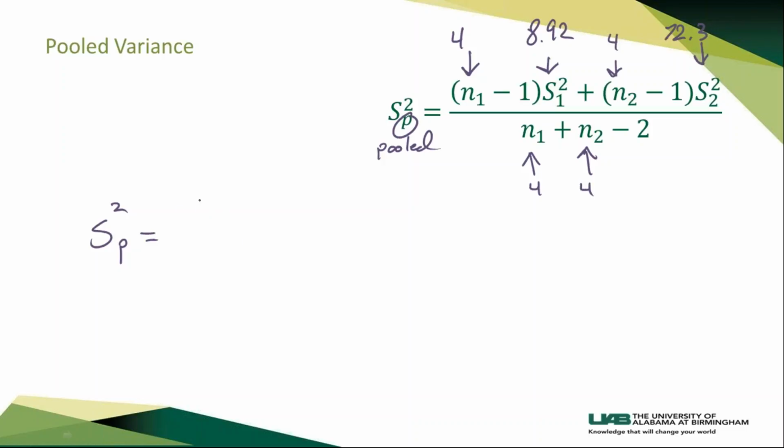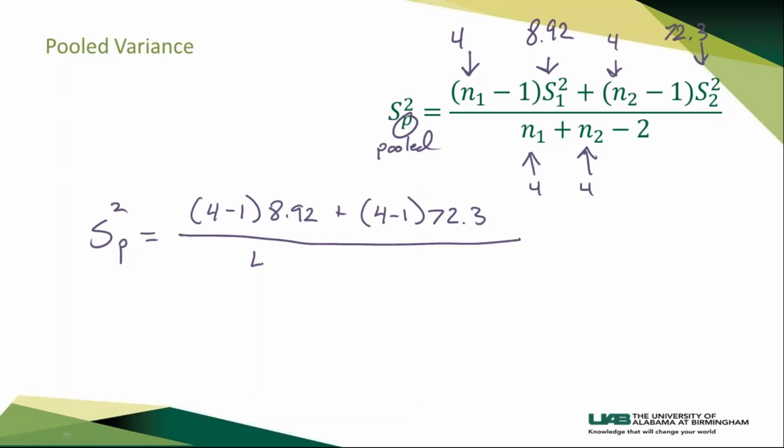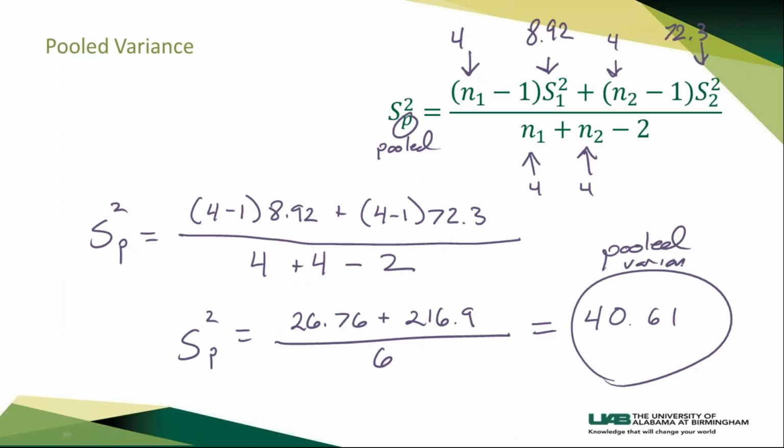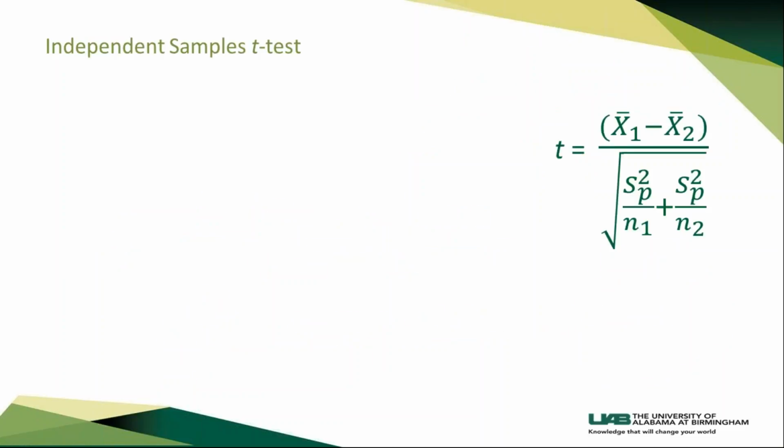So when we put that all together, this is our pooled variance. Or variance pooled.